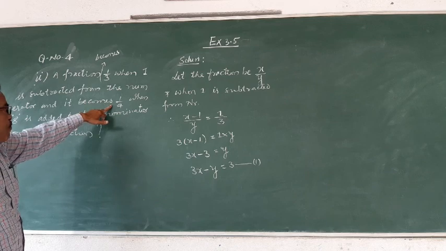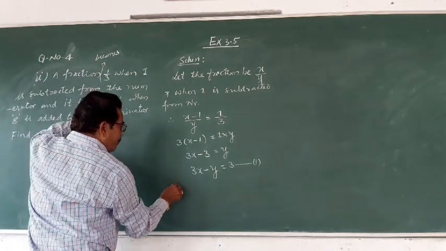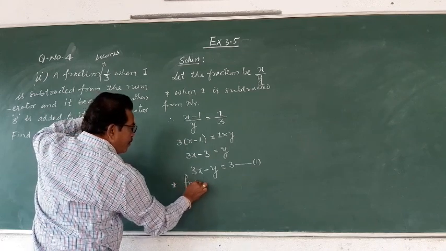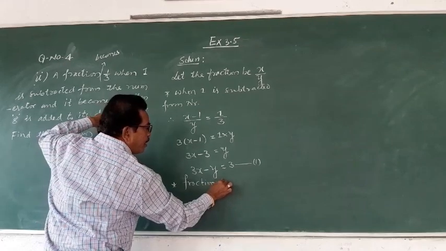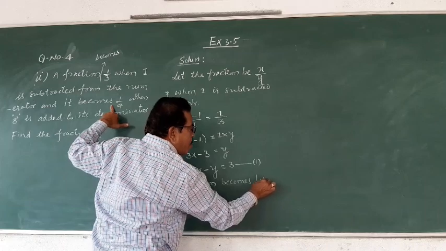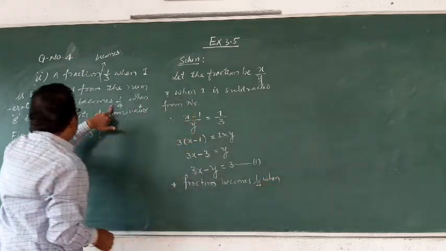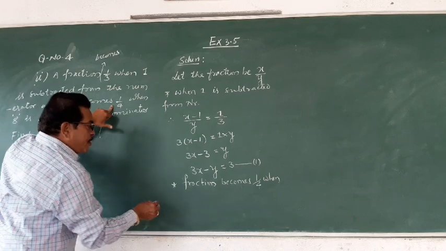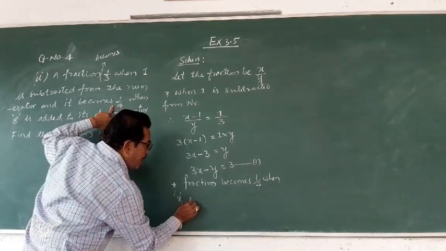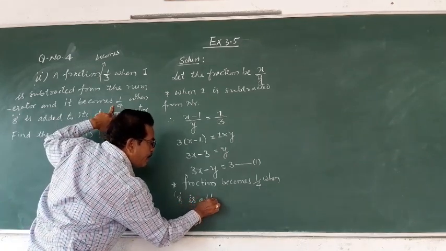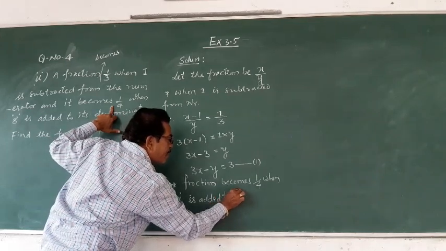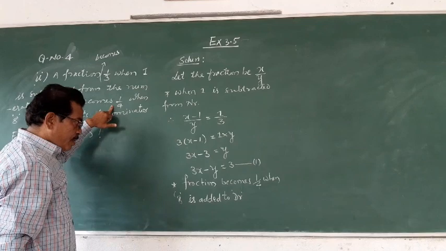By the statement of the problem, the fraction becomes 1 by 4 when 8 is added to the denominator.